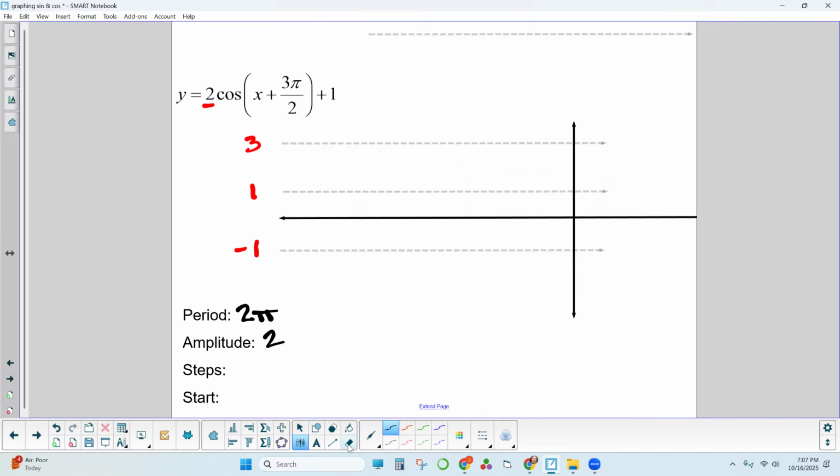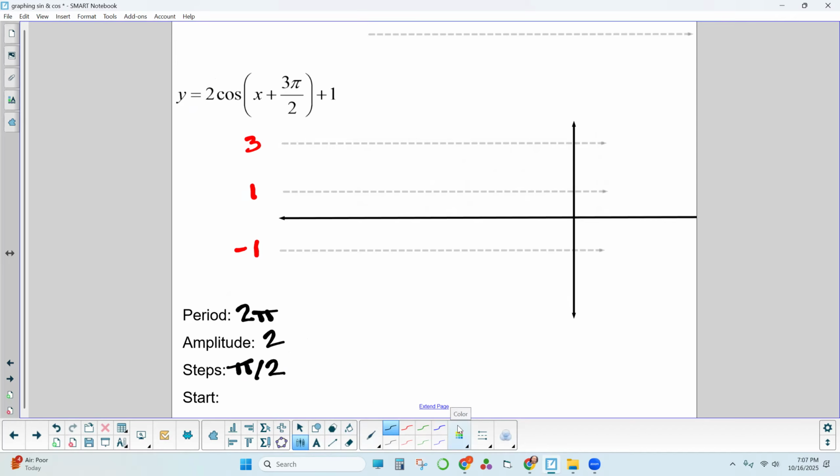Now, steps: we take our period and we divide our period into 4 steps. So we divide our period by 4. So 2 pi divided by 4 is pi over 2.